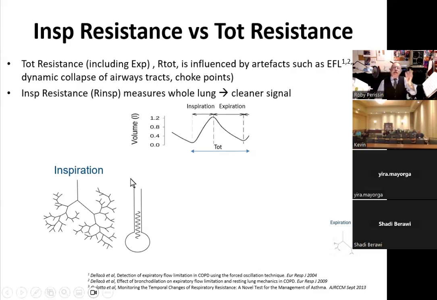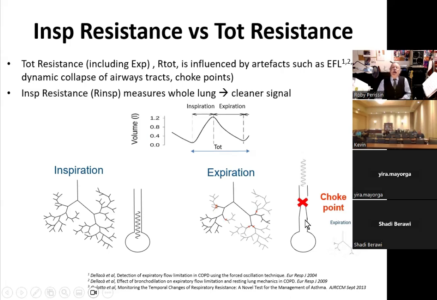So during inspiration, the waves reach all the peripheral airways. Now, the interesting thing is that in disease state, during expiration, the small airways, because of the positive pressure, are pushed together. So the waves, the stimuli, don't reach. So we actually can now really measure in and out.